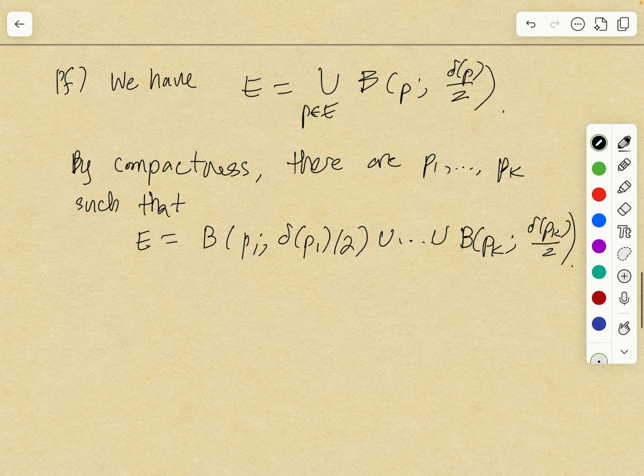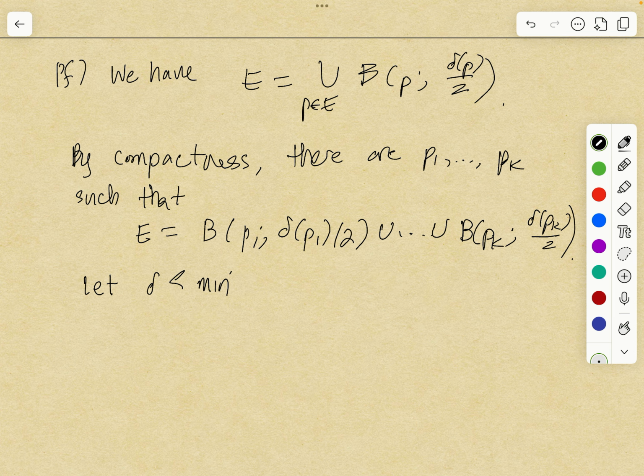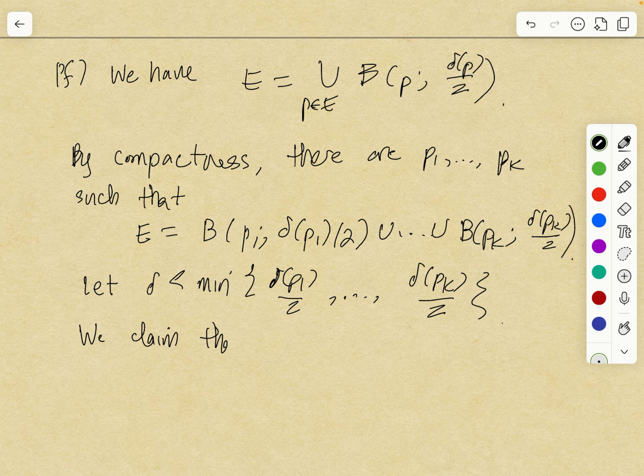And then what is the delta that works? We take delta to be smaller than all of the blue radii. So we take delta to be less than the minimum of delta of P1 over 2 up to delta of Pk over 2. And we claim that this delta works. And I think you can already see why this is true.